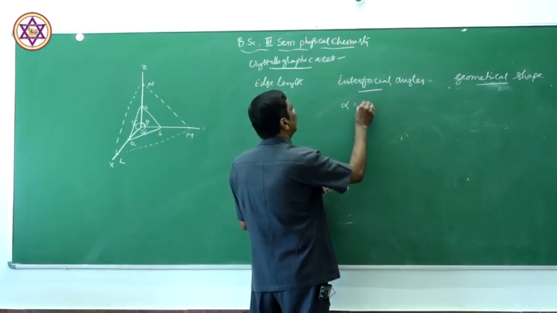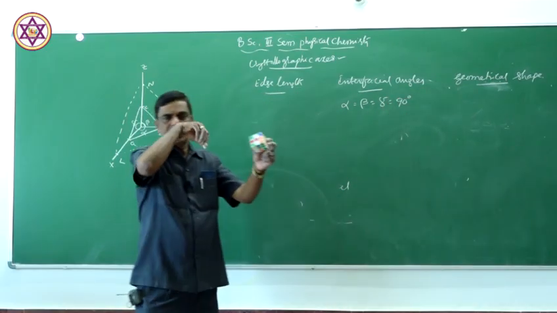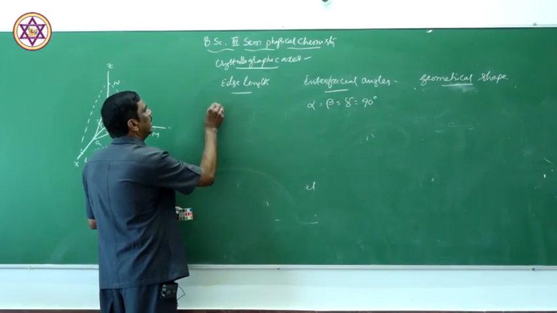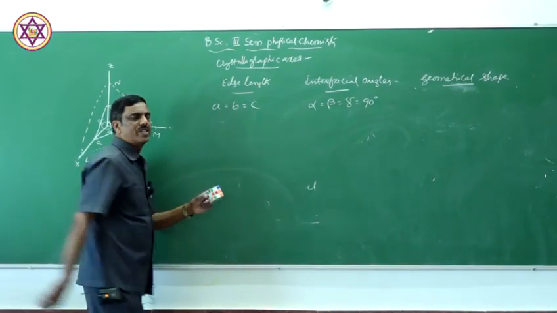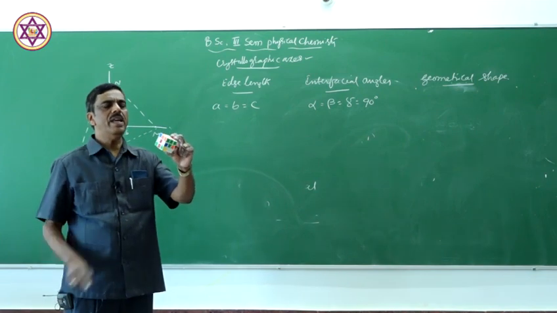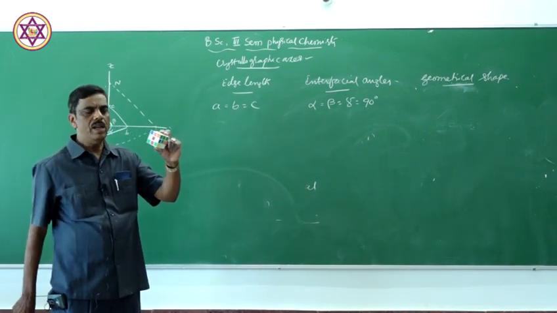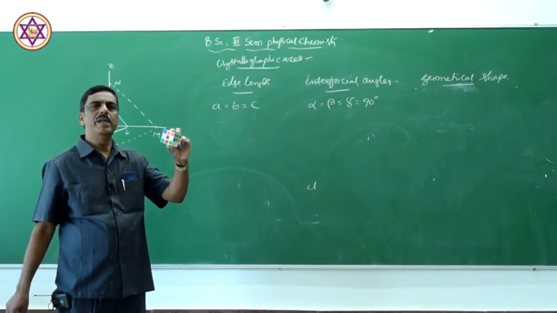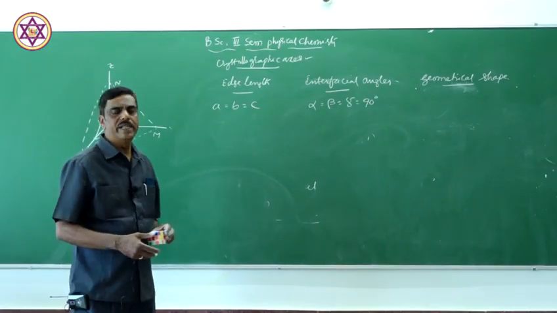Alpha is equal to beta is equal to gamma is equal to 90 degrees in a cubic crystal, whereas edge lengths A is equal to B is equal to C. Similarly, interfacial angles alpha, beta and gamma all are equal to 90 degrees.